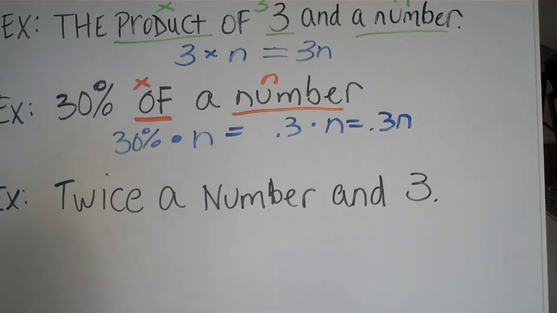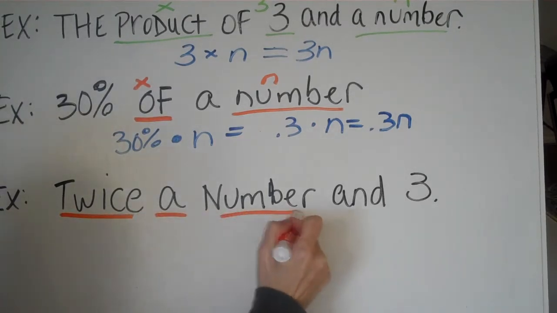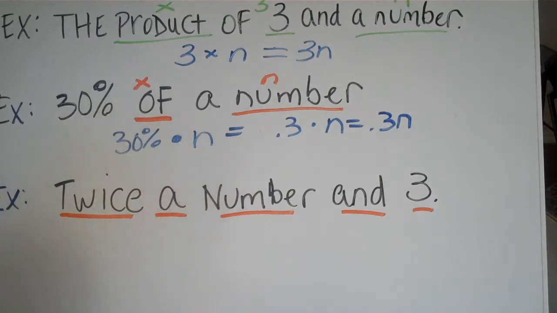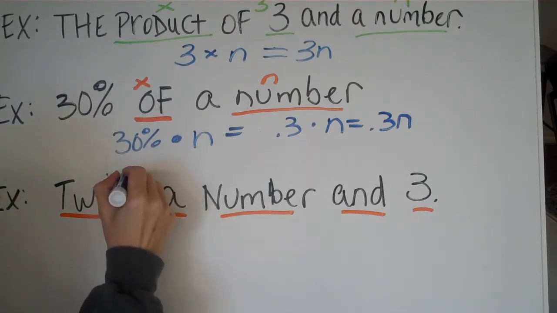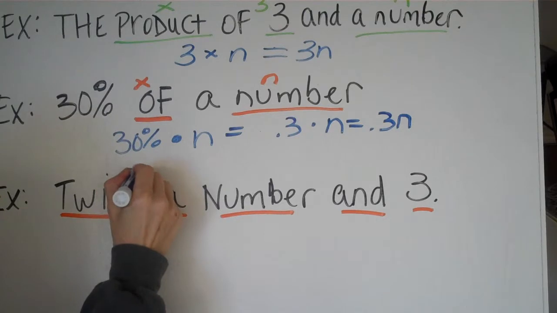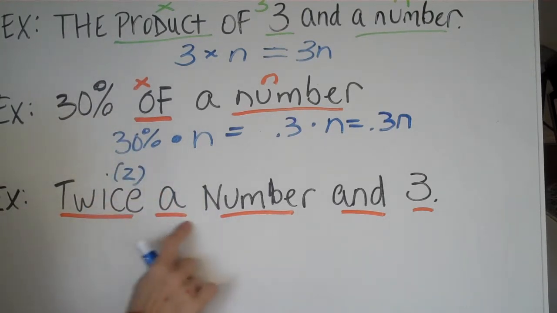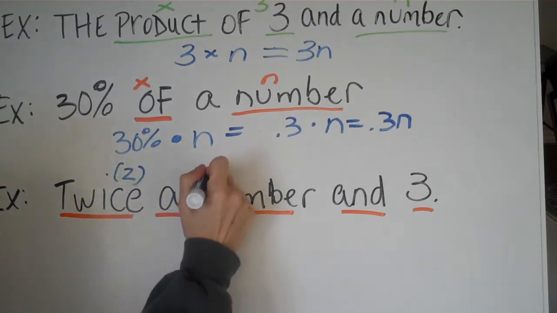All right, not the last one, but almost the last one. We're getting there. Twice a number and 3. Wow. So let's take this one step at a time. Twice a number means times 2, right? So you're taking whatever the number is and you're going to times 2.